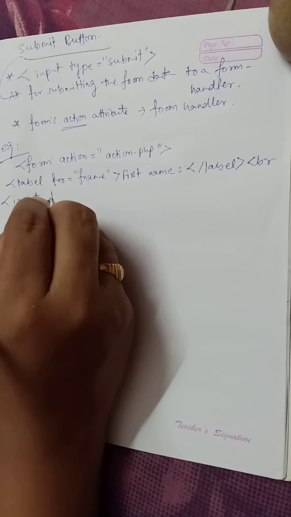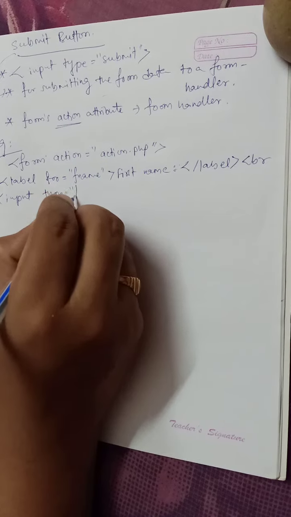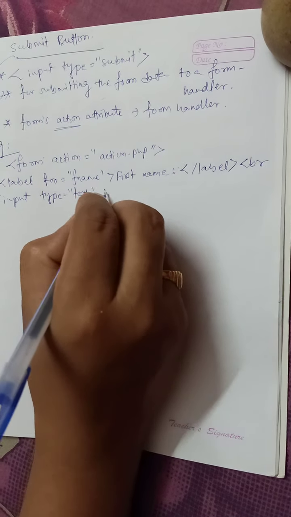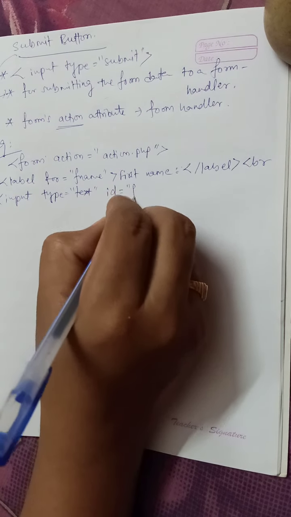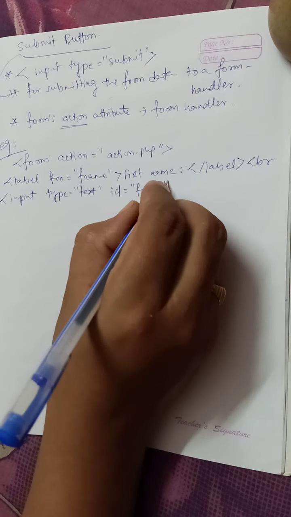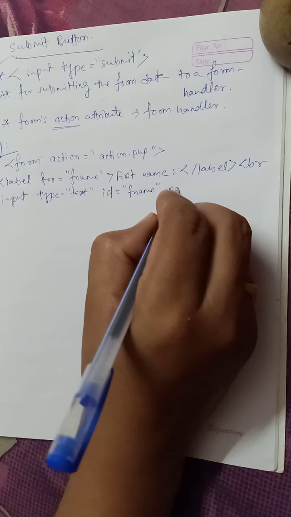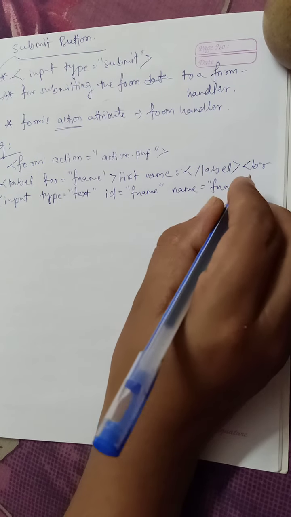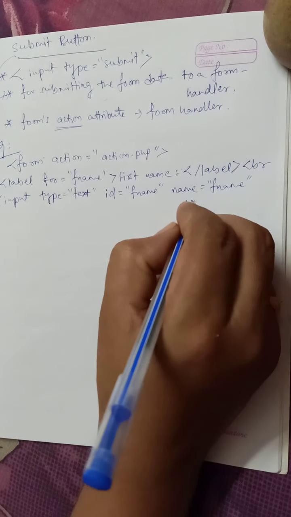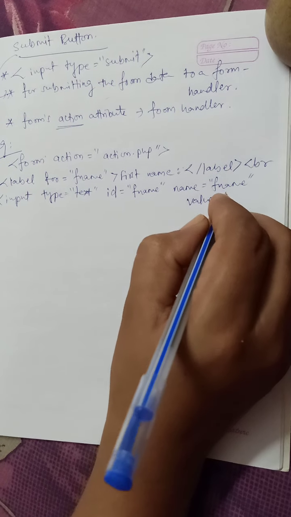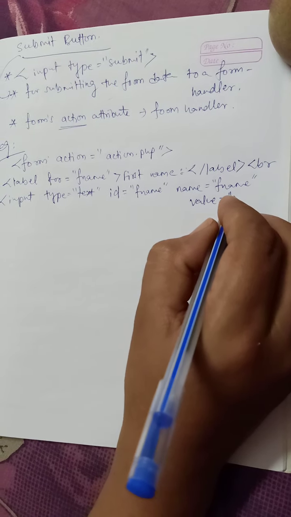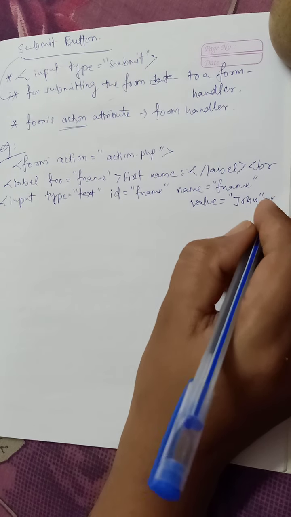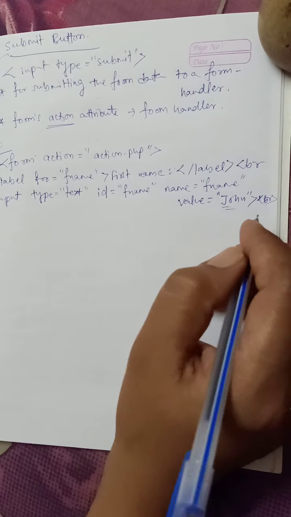So here we mention type equal to text, id is fname, name also the same thing. Value equal to, suppose, John I am writing here. I will explain why I have written this John.